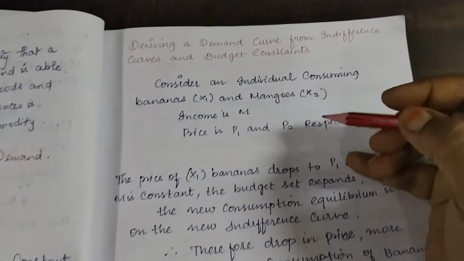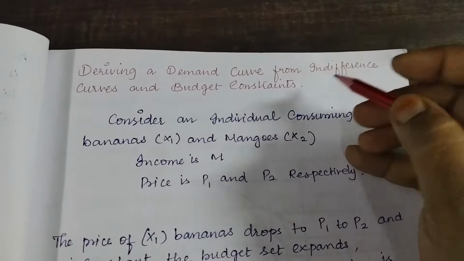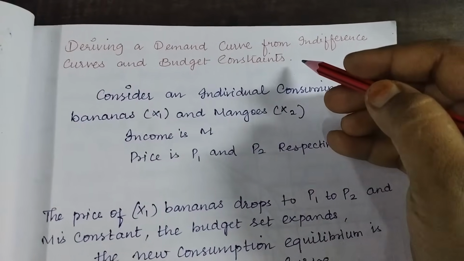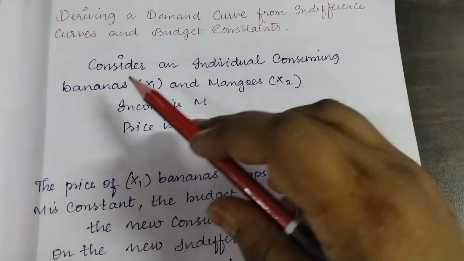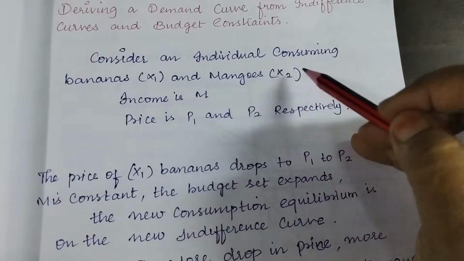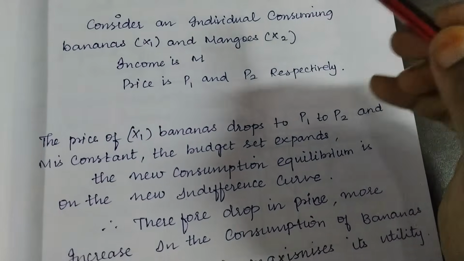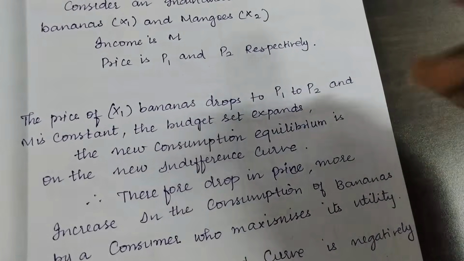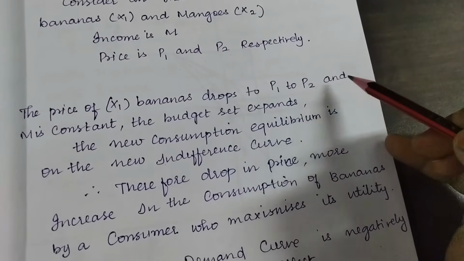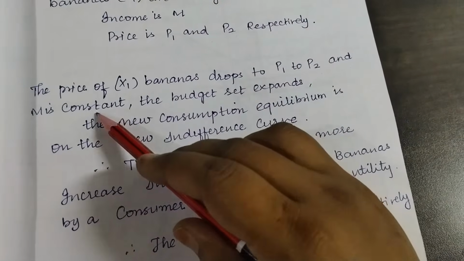Now we'll understand deriving a demand curve from the indifference curve and budget constraint. Consider an individual consuming bananas x1 and mangoes x2. Income is M and prices are P1 and P2 respectively. The price of banana keeps dropping from P1 to P2 and P2 to P3, and M is constant.